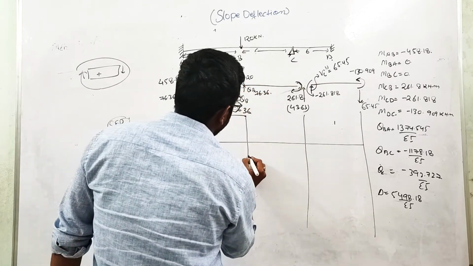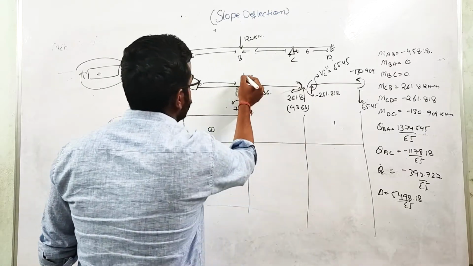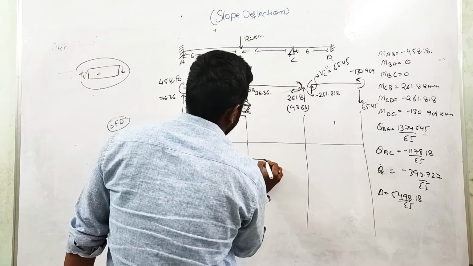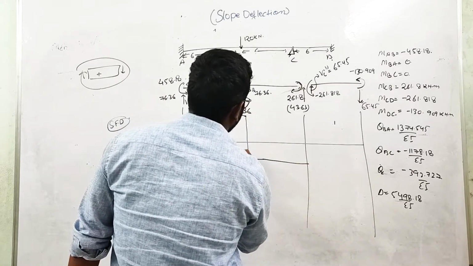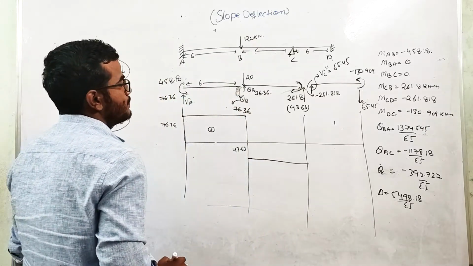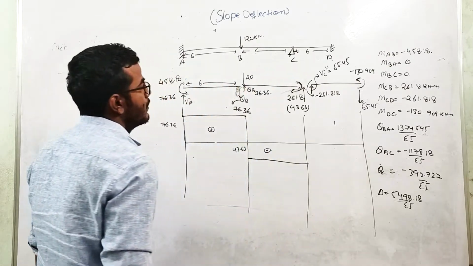The shear force will start from this downward direction, because VA is 76.36, so the net force will be downward. The shear force will start from this line. Its value will be again 43.63. So this is the negative shear force diagram.